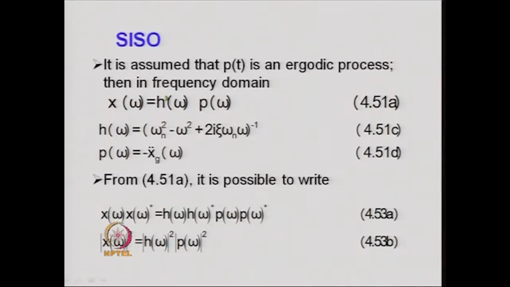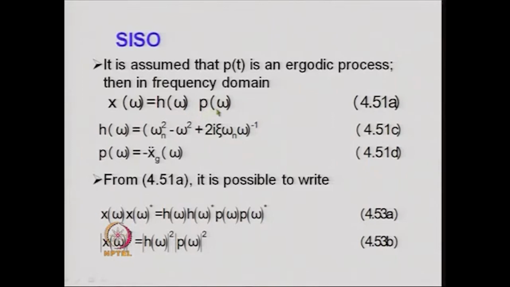If x omega is related to p omega by a weighting function, that is, in the previous case what we have done, y is equal to a x, then we have seen that Sy is equal to a square into Sx.